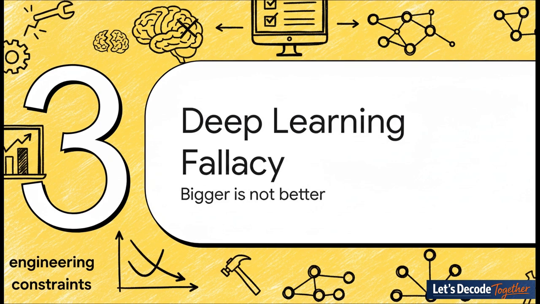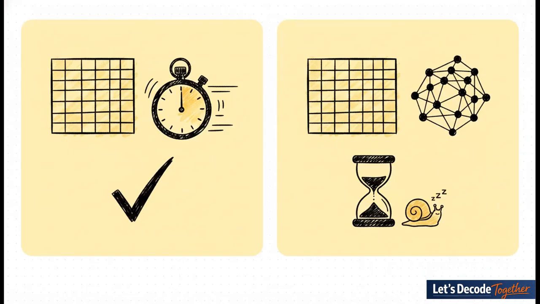Which brings us to Section 3, the deep learning fallacy. Let's systematically break down this whole "bigger is always better" idea with some real-world engineering constraints. Let's look at a real-world case study here, predicting credit risk. Now, this is tabular data. That means it's highly structured, organized neatly in rows and columns, like income, payment history, things like that.